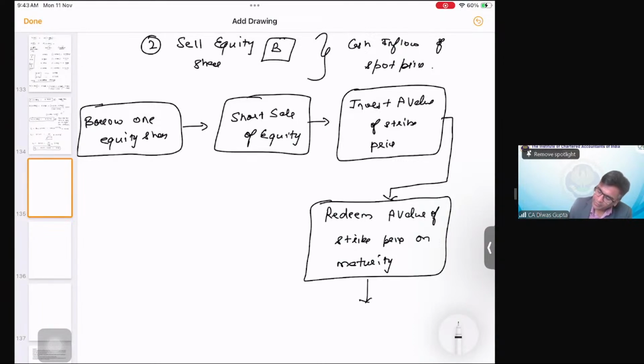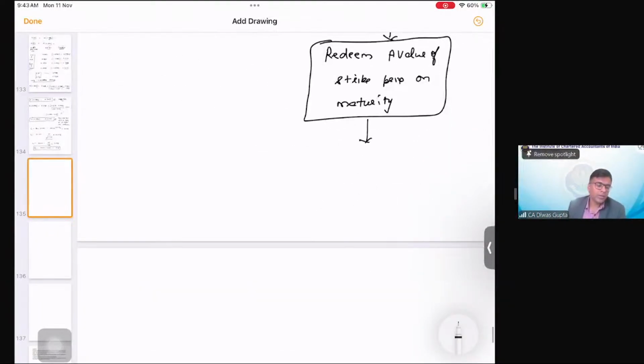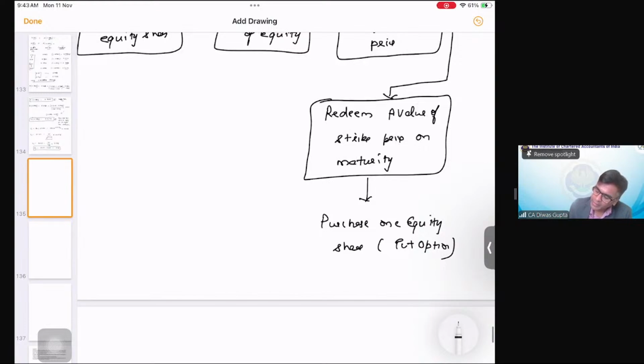Correct? Then finally what do you do? You purchase one equity share under the put option sold. You are doing this under the put option, right? So here the put option is also getting executed.